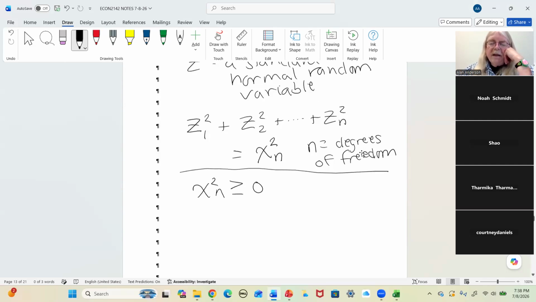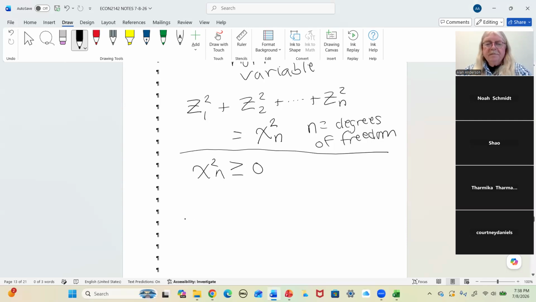And if I were to draw a picture of this distribution, what would it look like? Well, that does depend on the degrees of freedom, but in general, this is more or less what it would look like.